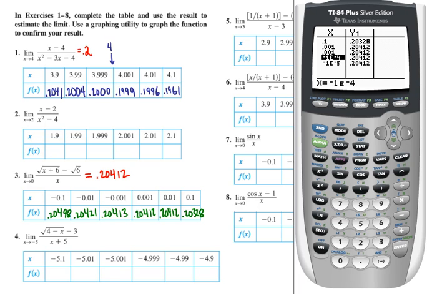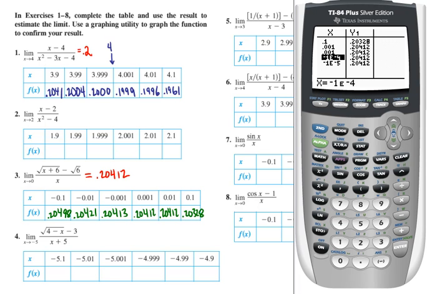Now, what I do want to point out here very briefly is if you look at the difference between problem 1 and problem 3. Problem 1, we're approaching x equals 4. And so we go 3.9, 3.99, 3.999, and from the right 4.1, 4.01, 4.001.